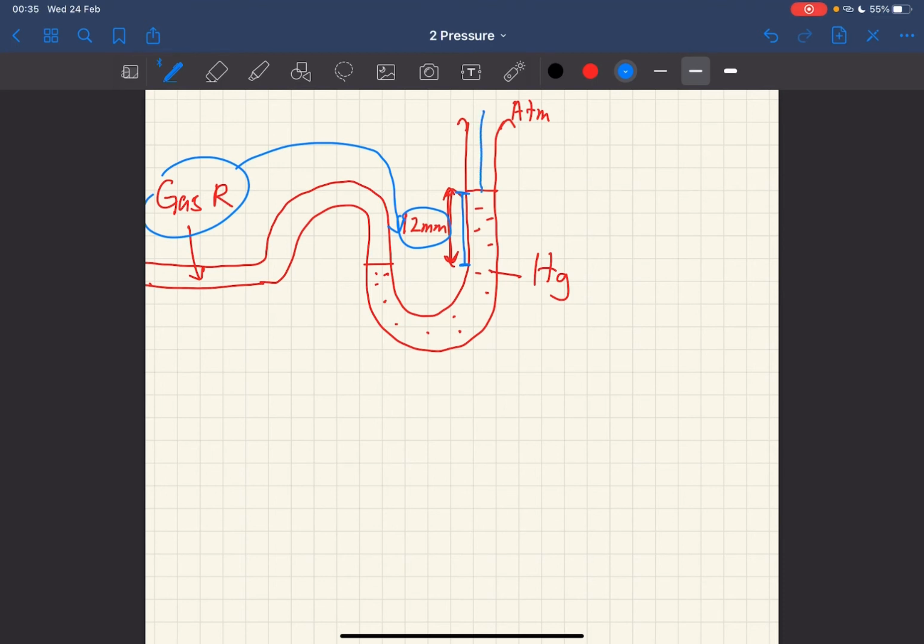We know that ATM here is equal to 76 mmHg. So since gas R is stronger than ATM, that means ATM plus the height. And by this, we can get the pressure of gas R. This is the pressure of gas R.